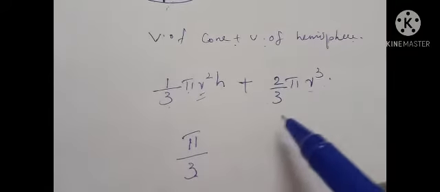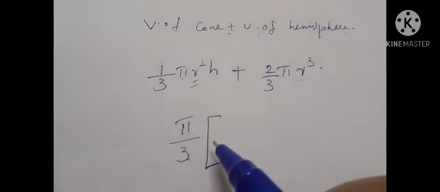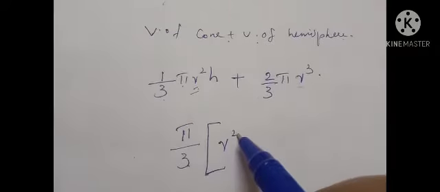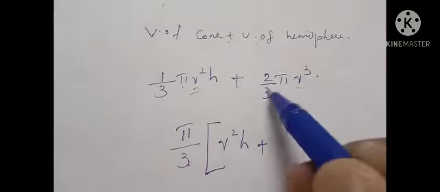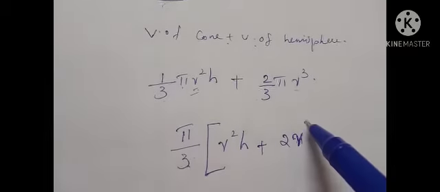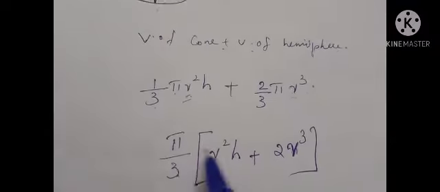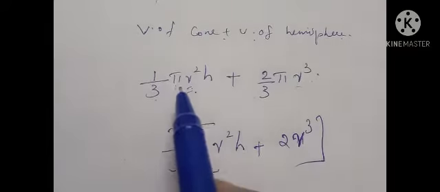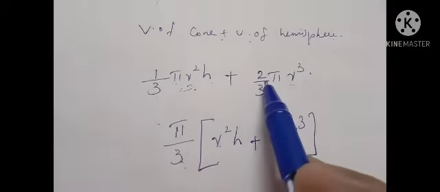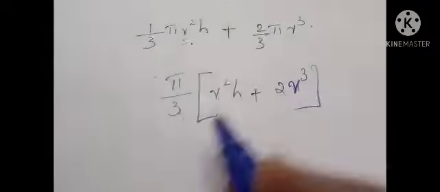No need to take that outside now, that we can take later. So what remains is r square h plus 2 r cube. That is pi by 3 into r square h plus 2 r cube.